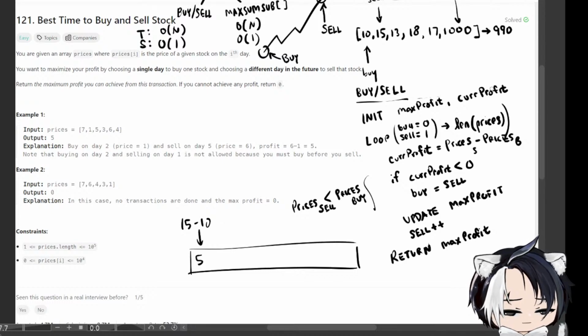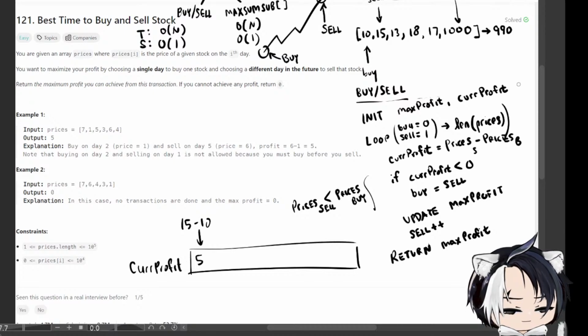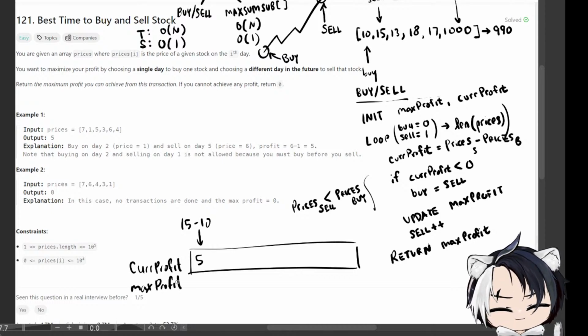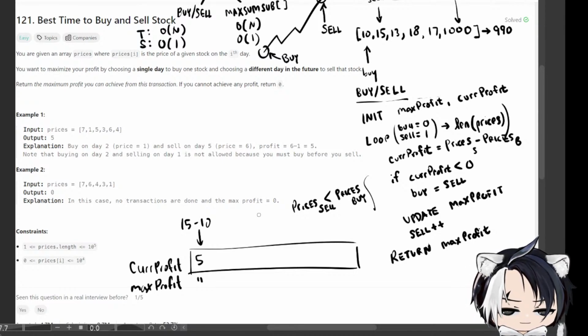And that is our current profit. Then we know this is 5, that we can update max profit. Max profit is now equal to 5 as well, which is nice.